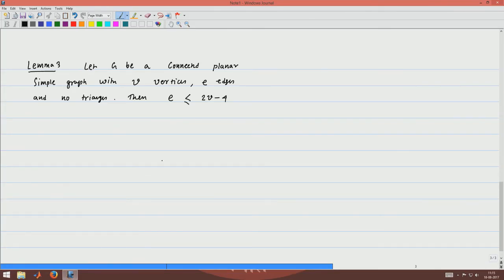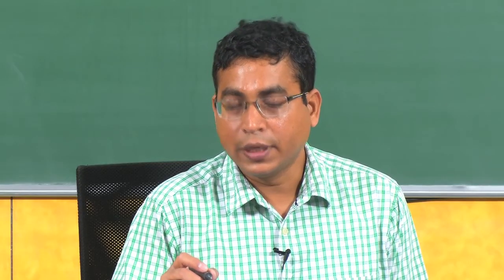See, note that K33 is a bipartite graph, and a triangle is an odd cycle, right. So, a bipartite graph can't have odd cycle, because we know that a graph is bipartite if and only if it has no odd cycles. So, K33 can't have a cycle of length 3 which is a triangle.